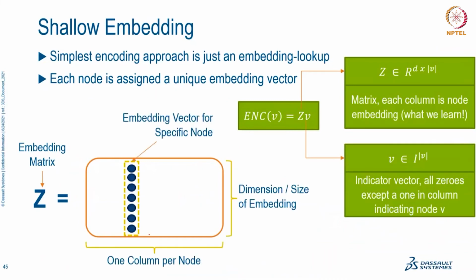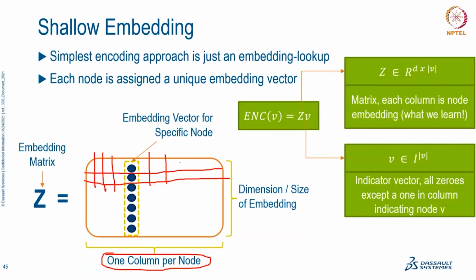Consider we are embedding in two-dimensional space, so there is some n-dimensional space and we are embedding into two-dimensional space. In that case, the number of columns would be equal to the number of nodes in the input graph, so that is one column per node. And since we are embedding in two-dimensional space, there would be two rows basically.